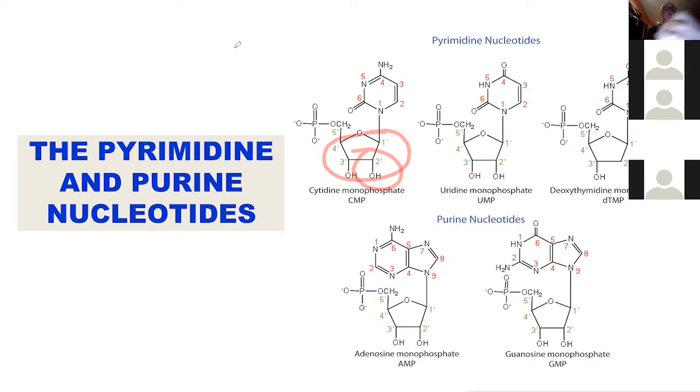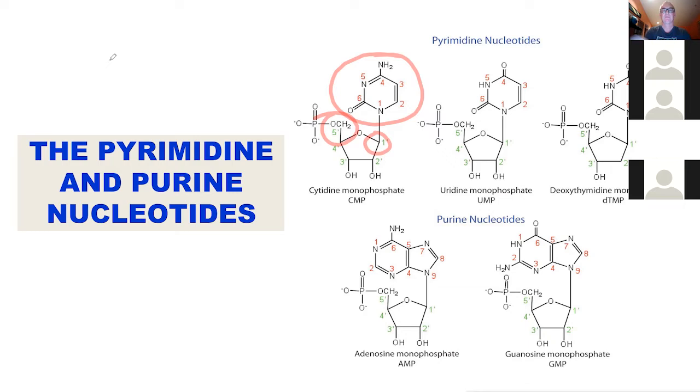And so you can see where on the sugar we attach the phosphates and where we attach the base. On carbon number 1, we attach the nitrogenous base. And on carbon number 5, we attach the phosphate. So this just has a single phosphate.